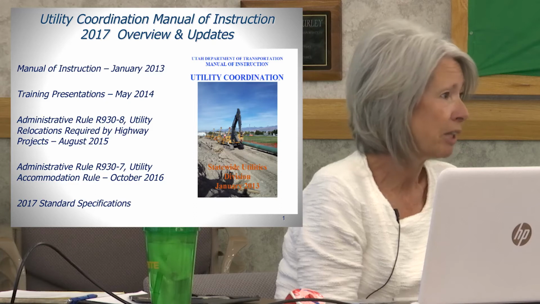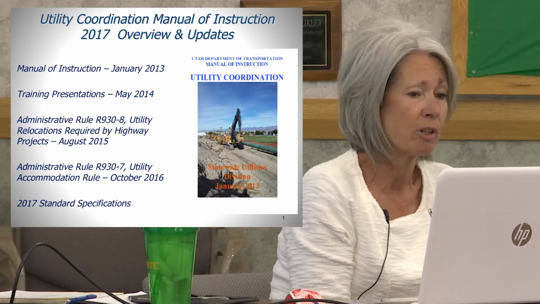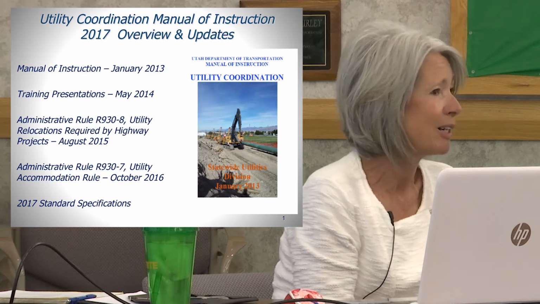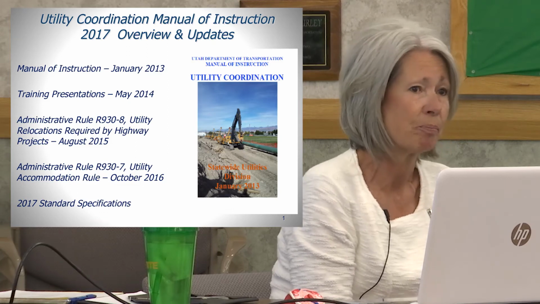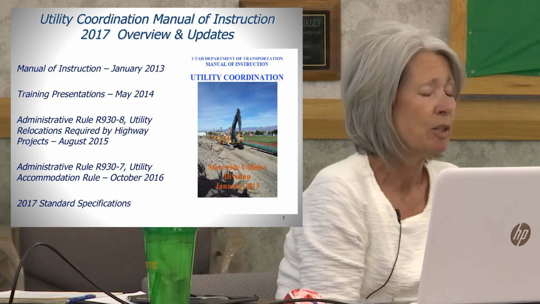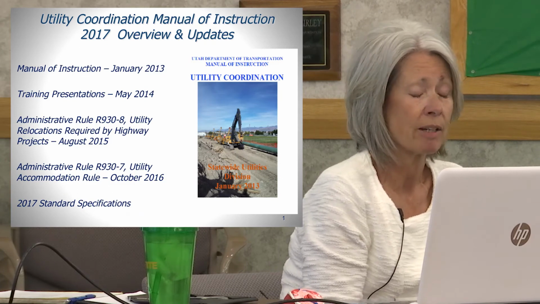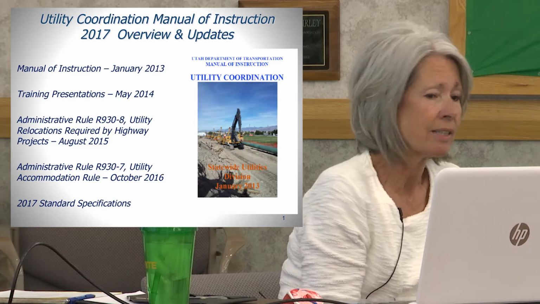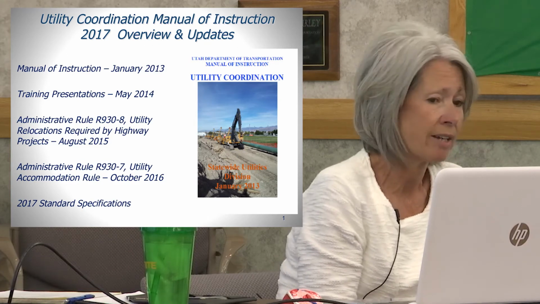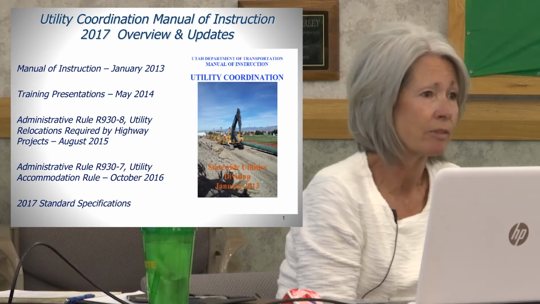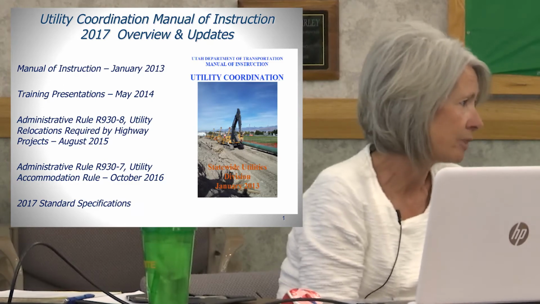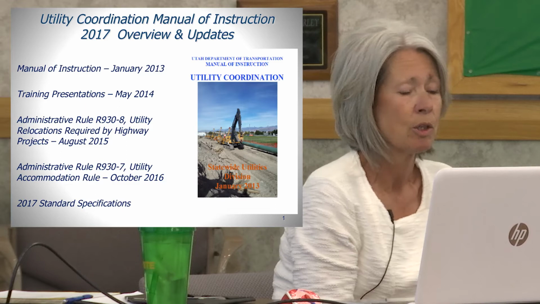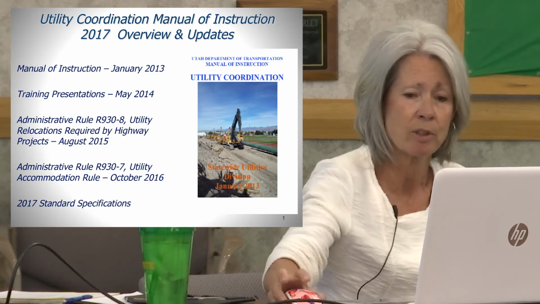It's actually been in effect now for more than a year, so some of you are already familiar with it, but we'll talk about what we've got in the manual for it. In 2016, a new R930-7 was developed, and of course the 2017 standard specifications have some changes and updates that are relative to utility coordination on projects.